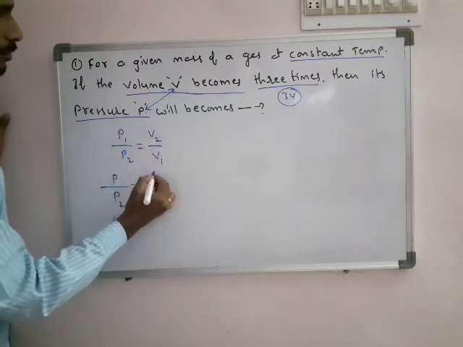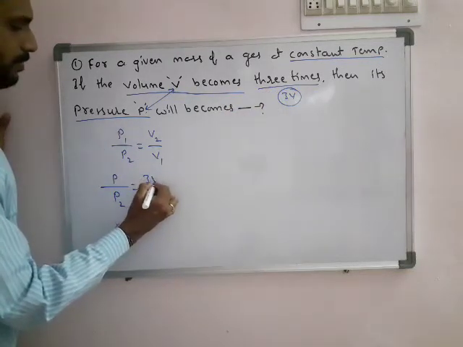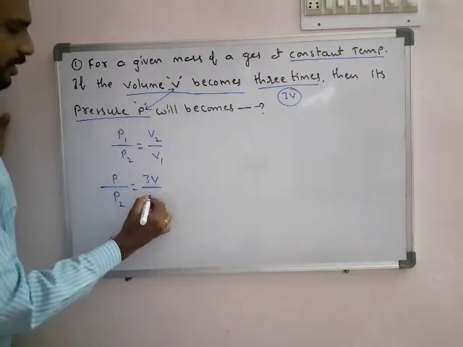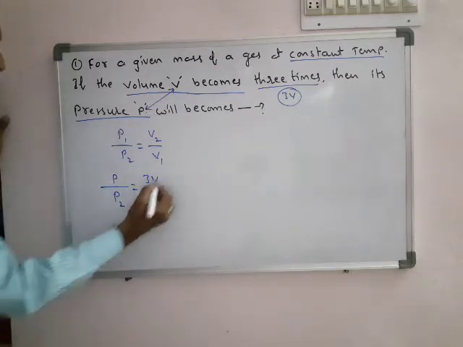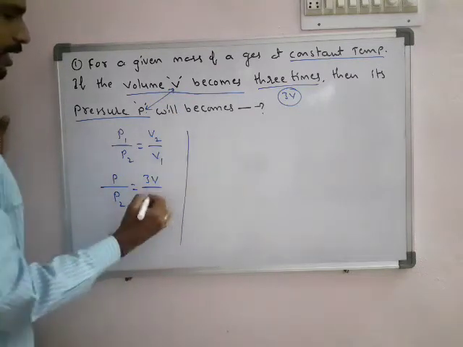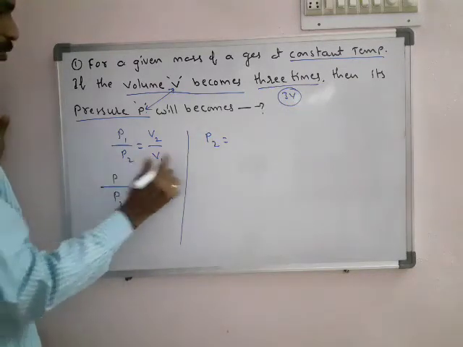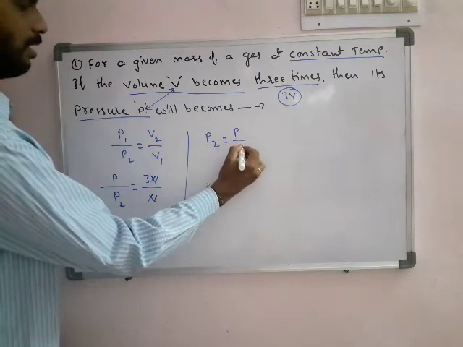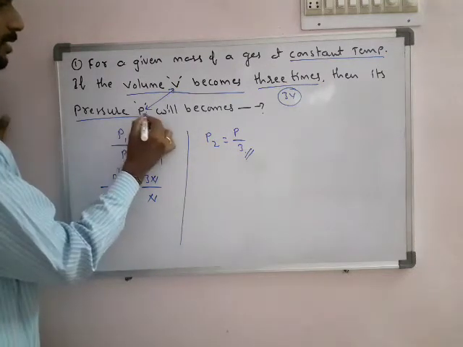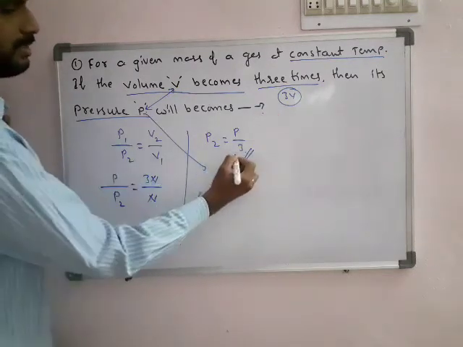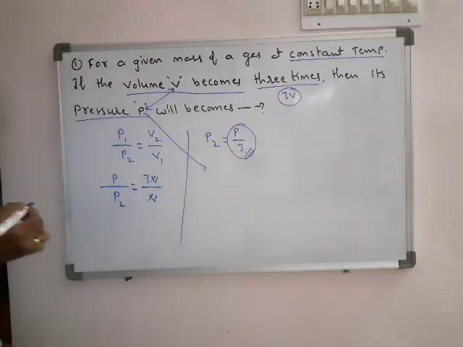What is V2? V2 becomes 3 times. Initial value is V. Just what is P2? Here V will get cancelled. Here P2 becomes P by 3. Means the P decreases by 1 by 3.